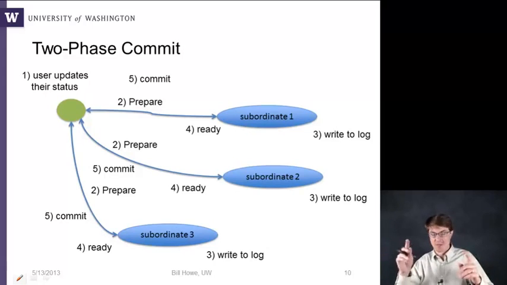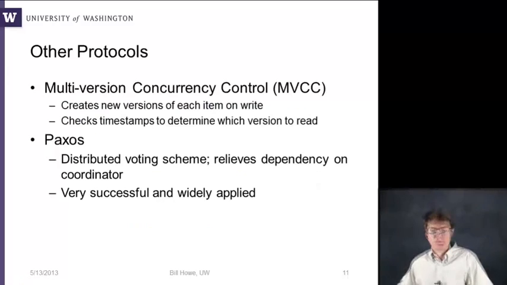The other problem is that this can take a while, right? If subordinates don't respond promptly, you might be waiting around. If things fail multiple times and you need to abort and retry transactions at the application layer, things can go slow. It doesn't necessarily scale when there's thousands or millions of subordinates who need to do this, you're kind of dead in the water.